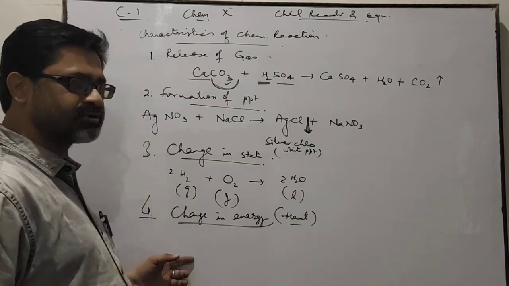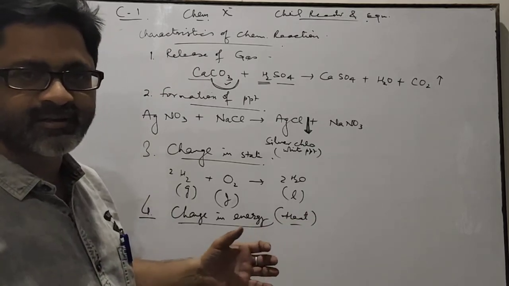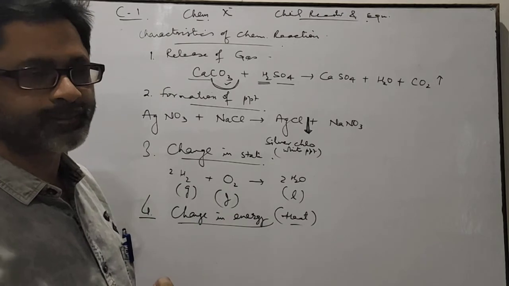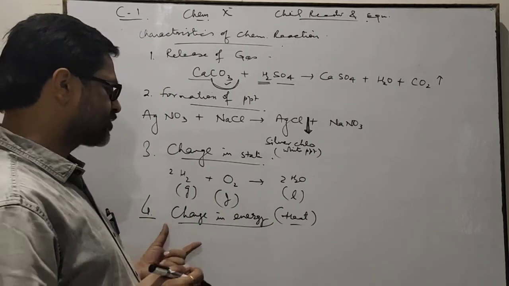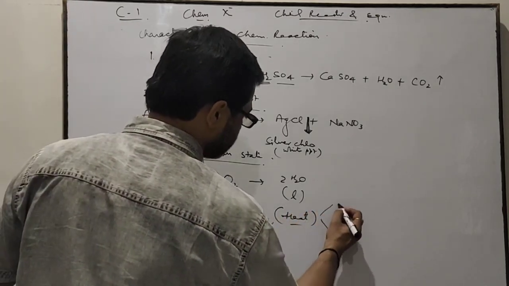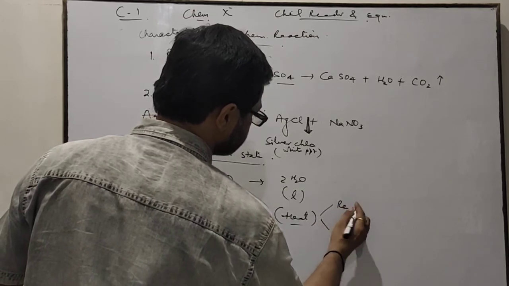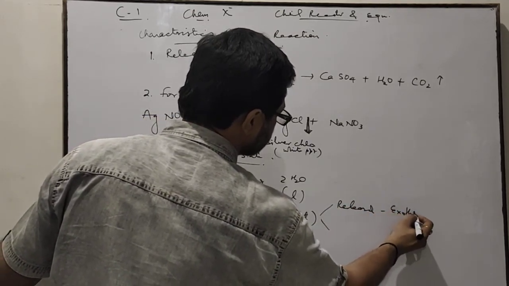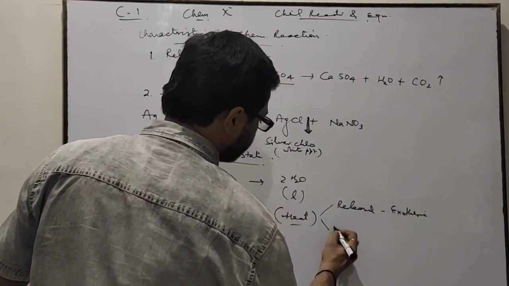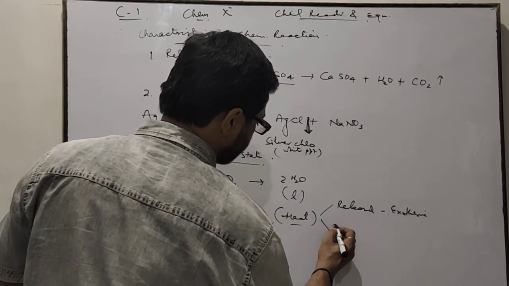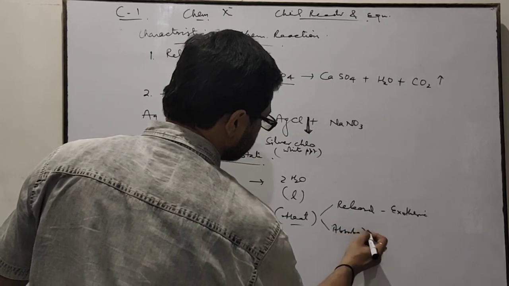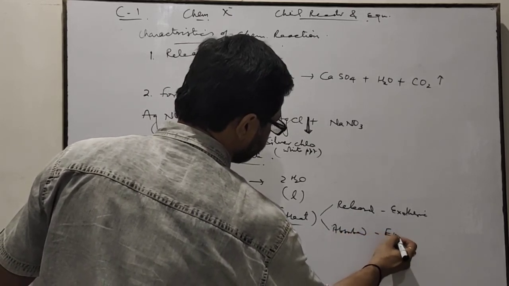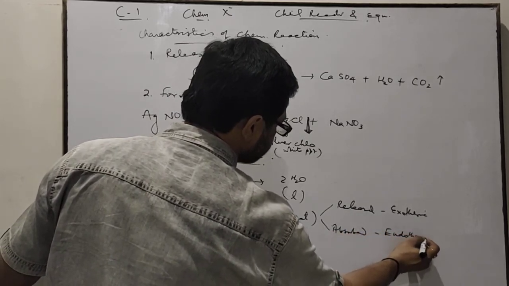During a chemical reaction, the heat is either released or absorbed. Those reactions in which heat is released is called exothermic reaction, and if heat is absorbed, then it is called endothermic reaction.